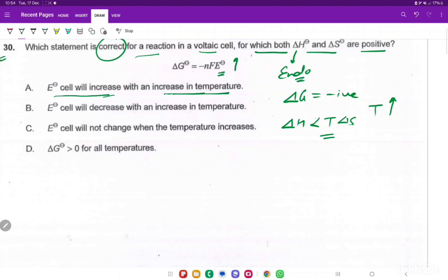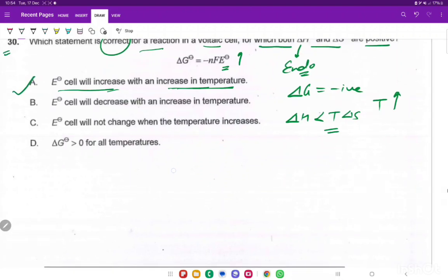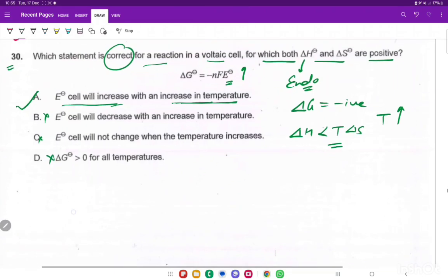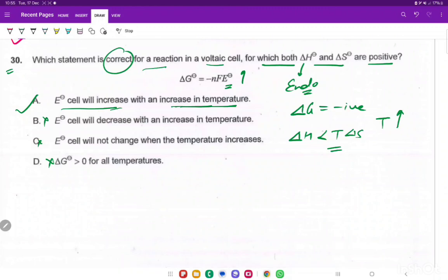E degree cell will increase with an increase in temperature. I think this is the correct option. Next, E degree decreases, no. E degree cell will not change, no. Delta G greater than 0 for all temperatures, wrong. Thus the correct option for question 30 is A.